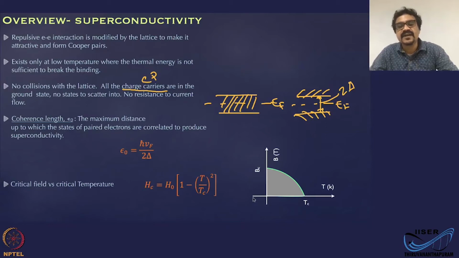And the relation between the critical field and the Tc is of this form. The critical temperature Tc will have a maximum value when the magnetic field is 0, and they have Bc and Hc as a quadratic dependence.